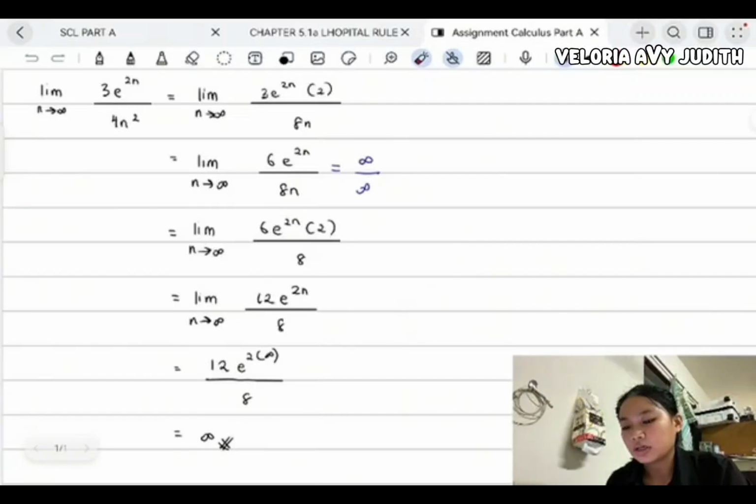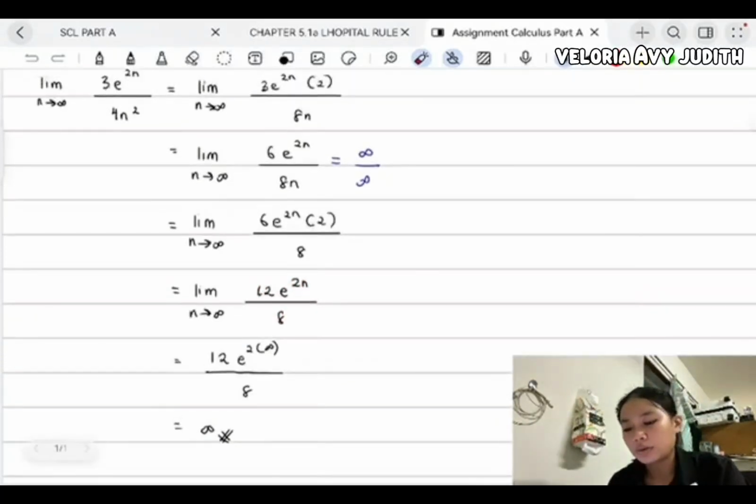So now we need to differentiate the numerator and denominator again. So we will get 12e to the power of 2n over 8. Now we can directly substitute infinity for n, so we will get infinity.